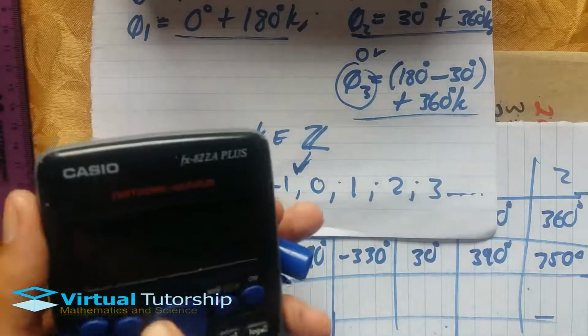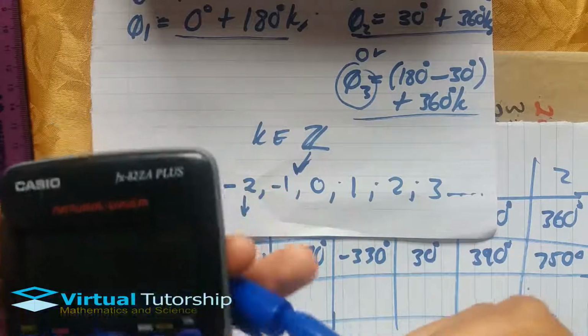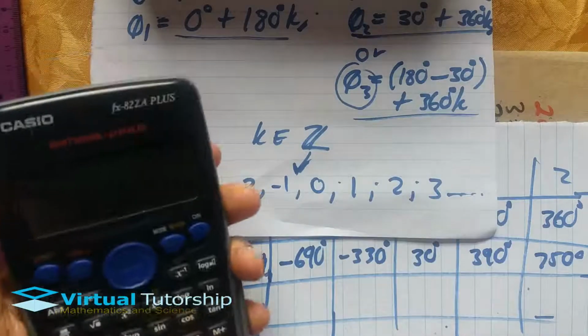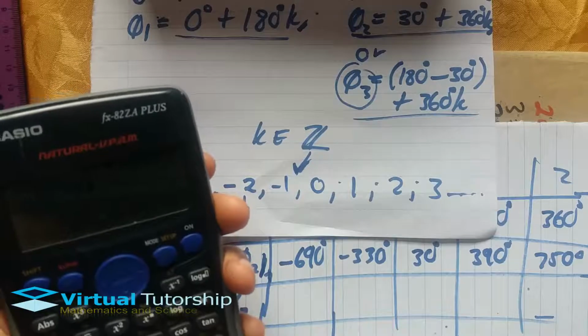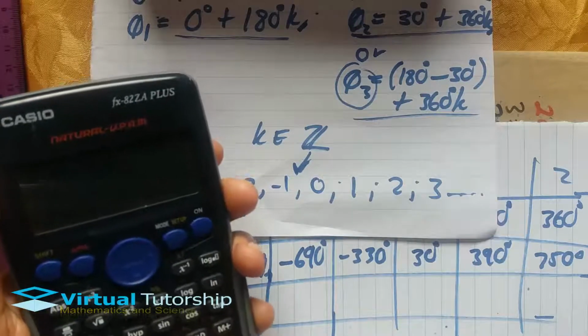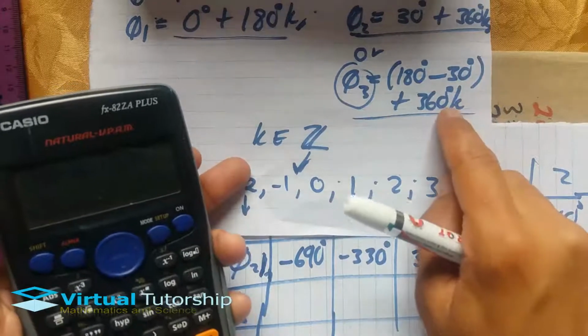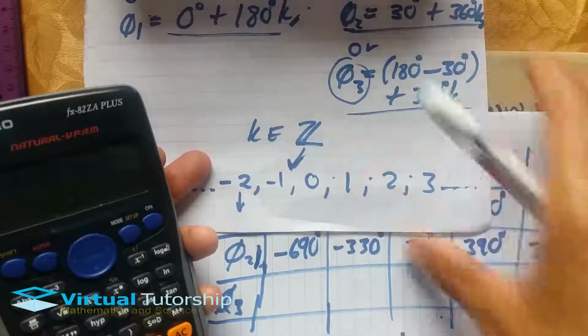Asenze ulo kanje uloga u-theta 3. Theta 3 is equal to 180 degrees minus 30 degrees plus 360 k. K wethu wokuqala ubani?